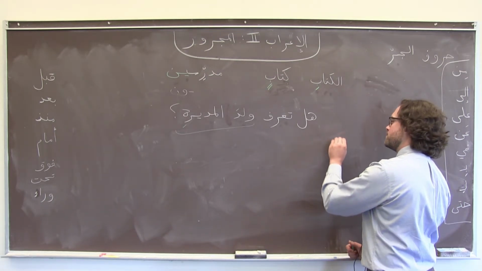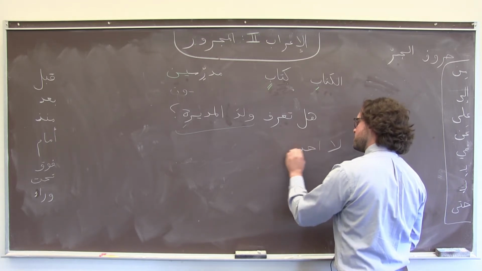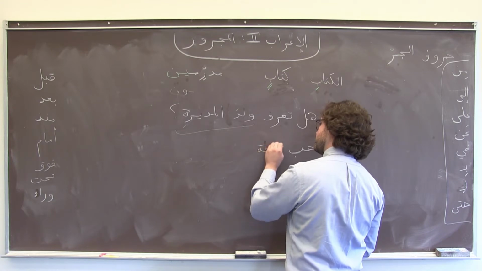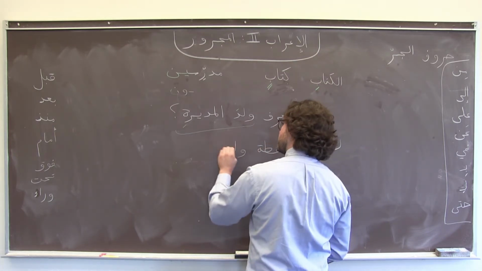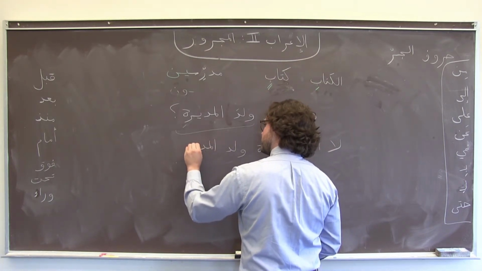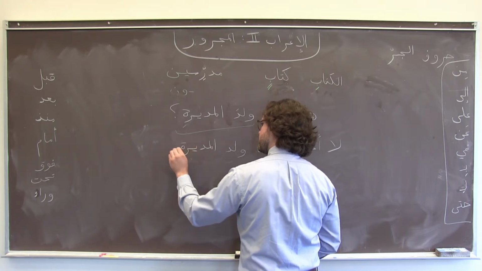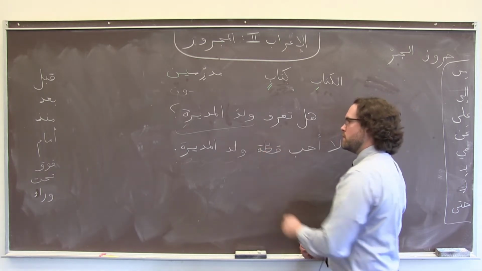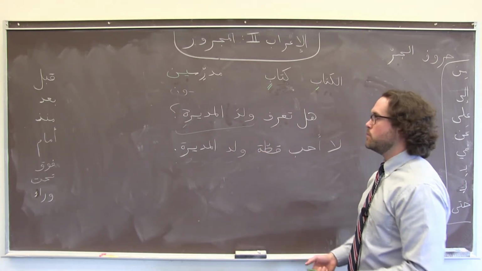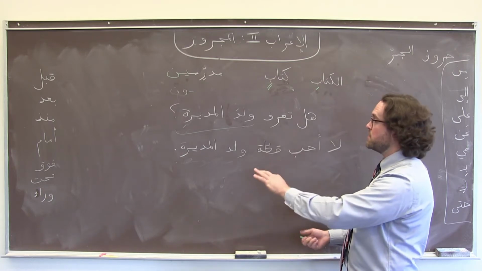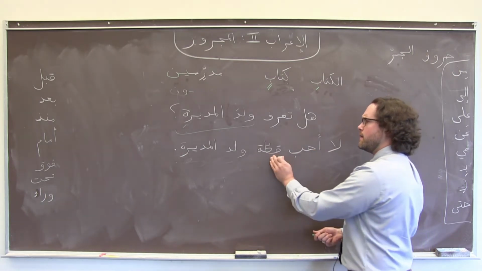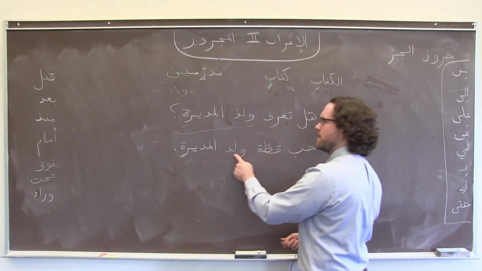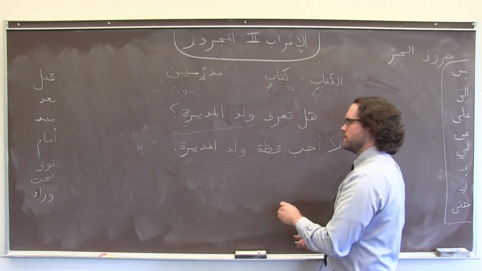So here's how I would do it. لا أحب قطة ولد المديرة. This is how it would look in a normal text, but we want all of the i'rab. Okay, I don't like the cat of the son or the boy of the director.